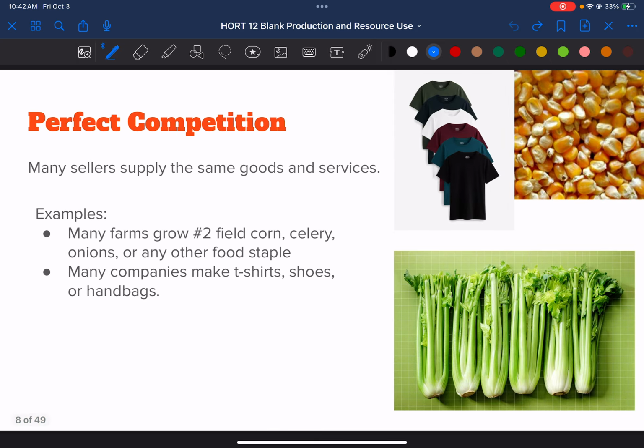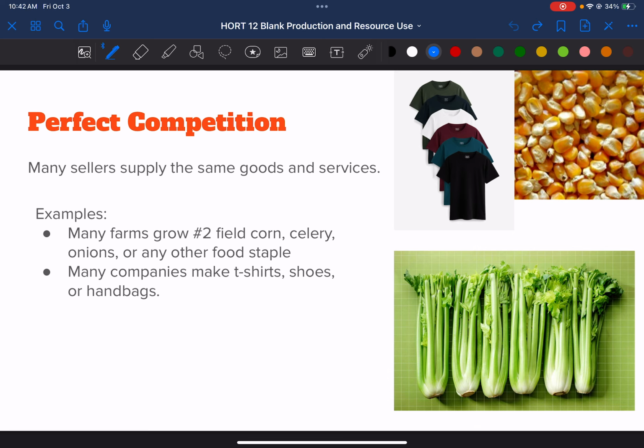Now, in comparison with perfect competition, those last two, monopoly and oligopoly, are imperfect competition. With perfect competition, you have lots of sellers supplying the same good or service, or more or less the same. So think about the market for t-shirts.